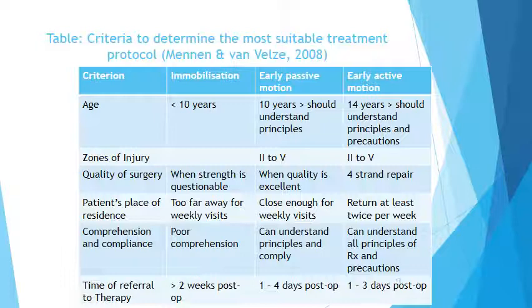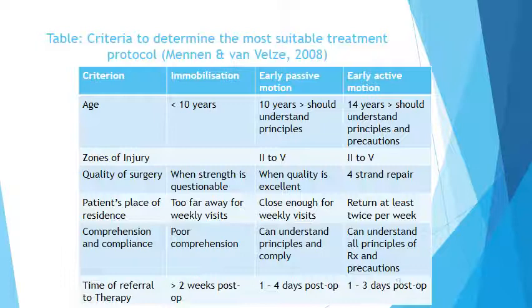Early active motion in clients older than 14 years, they should clearly understand the principles and precautions. In zones 2 to 5, 4-strand repair and even a 6-strand repair, although some sources say it can be too bulky, but a 6-strand repair will definitely handle and be safe.